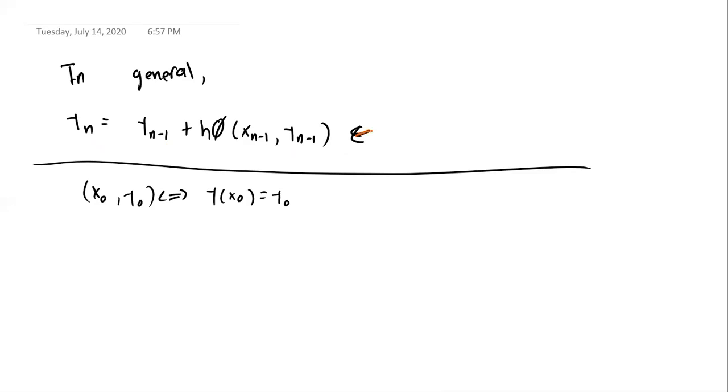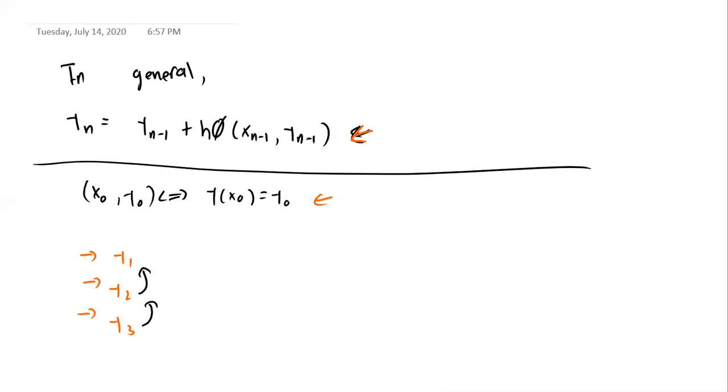So it's as simple as that. This is all the information you need, and this first point, you plug this into a computer, and it's going to spit out y1, it's going to spit out y2, it's going to spit out y3, and in computing each of these, it's using the work from the previous one.